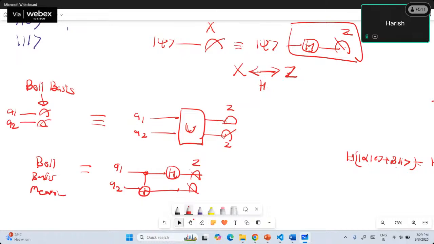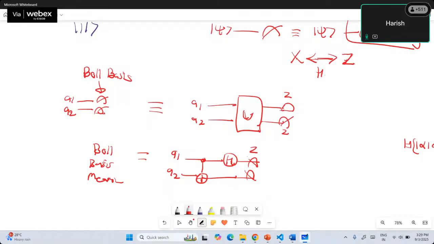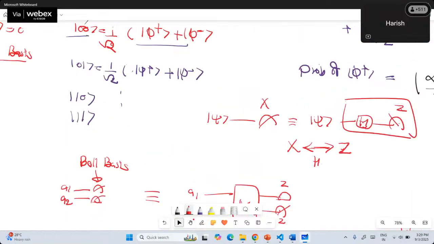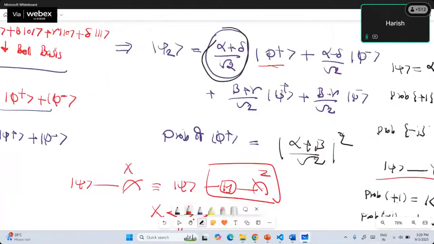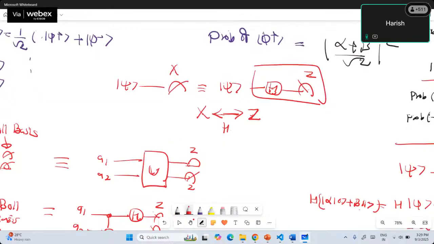So if you want to measure a state in Bell basis, suppose your state in Bell basis looks like this: alpha, beta, gamma, delta times phi plus, phi minus, psi plus, psi minus. This can be a 2 qubit state in Bell basis. But suppose you do not have a Bell basis measurement system, then you can implement the Bell basis measurement using Z basis only.